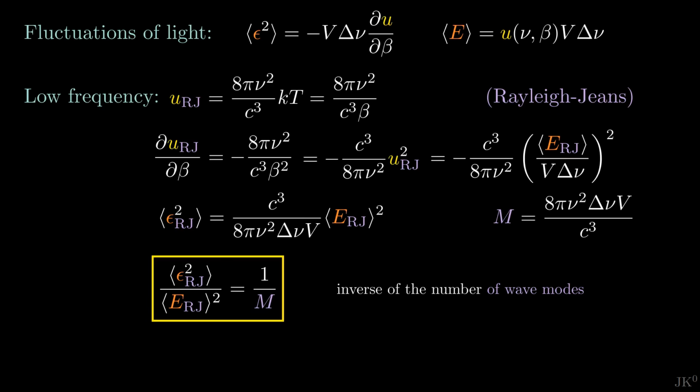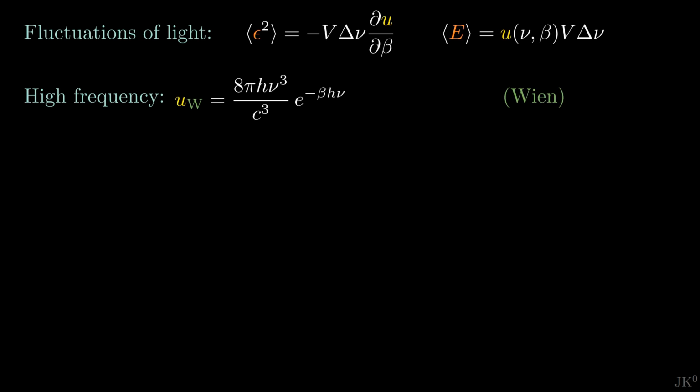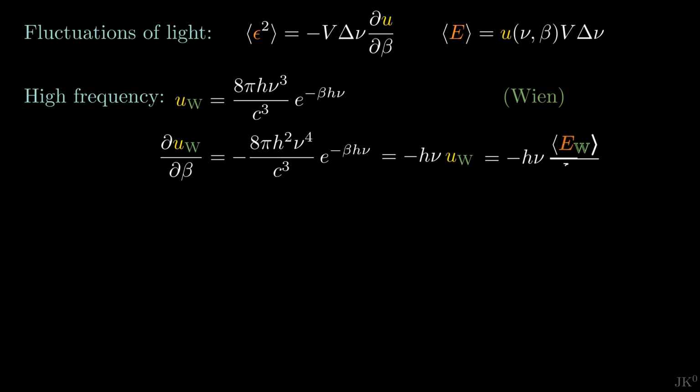Let us repeat this procedure now for high frequencies, in which case the energy density is given by Wien's formula. We calculate the derivative with respect to beta, which can be written again in terms of the energy density. Using the definition of energy density, we find this, so that we can finally write the fluctuations in this form.